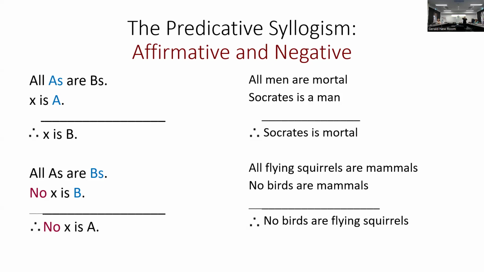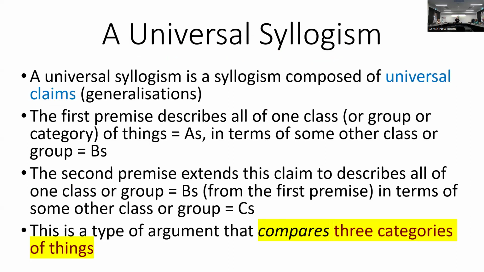No birds are mammals, no B. Therefore, they cannot be flying squirrels. So you just remember the form and then you are okay. There are just two forms, there is nothing else. Two forms. Okay, and then we have universal syllogism.